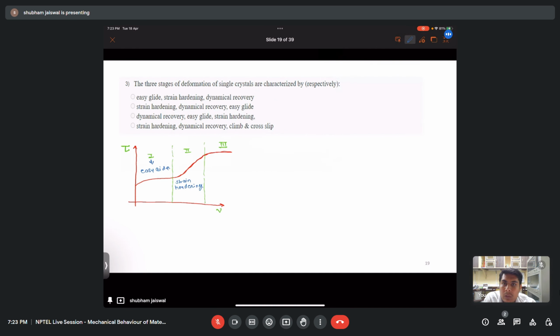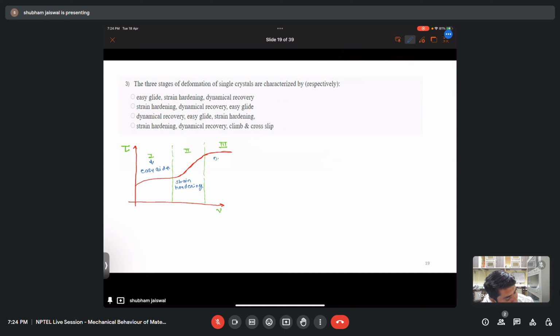Okay, and in the third stage, we can see that these dislocations will pile up, and due to the pile up stress, if they want to move, they will climb and they will start moving. So there is no significant change being observed, and also the dynamical recovery is taking place in this stage.